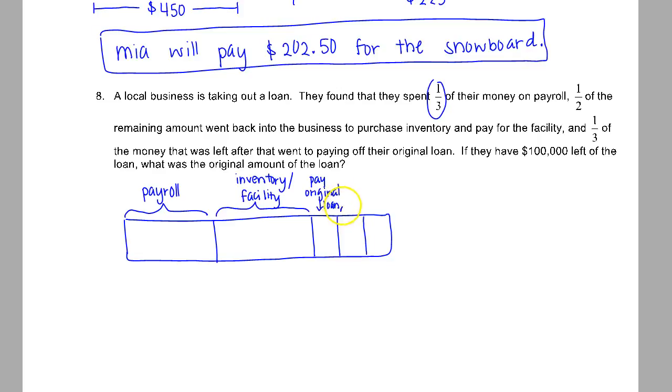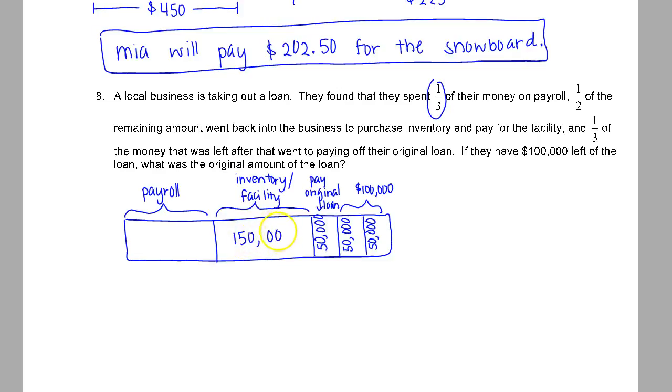So here is the money that is left, and we're told that that is $100,000. So if I split that between the 2 boxes, that would be $50,000. And of course, this would be $50,000. And what I'm noticing is that 1/3 of my original adds up to $150,000.